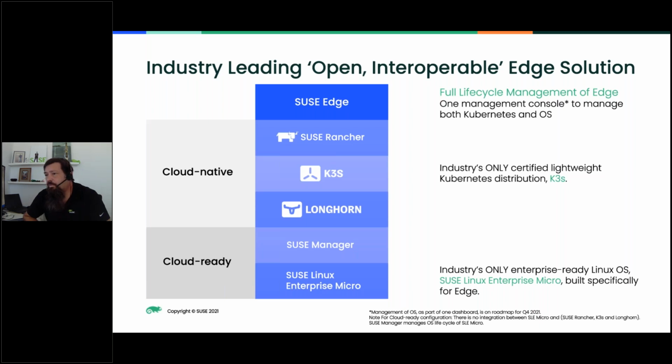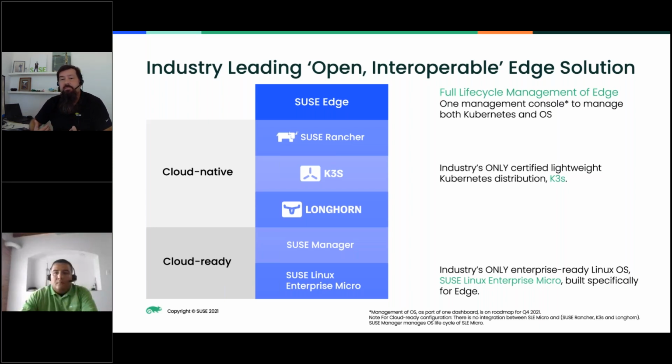And here's a recap of those solution components. Core operating systems with the SUSE Manager components, moving into our cloud native solution sets, where we've got Longhorn, which is our storage component, K3S is our Kubernetes component, Rancher becomes our Kubernetes management solution.